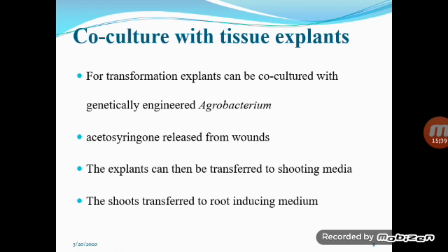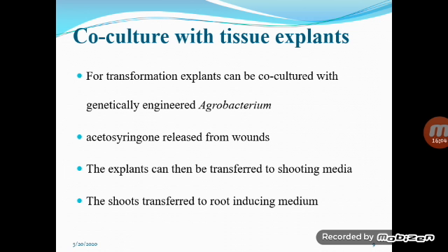For transformation, explants like protoplast, callus, tissue slices, leaf disc, stem or floral tissues can be co-cultured with genetically engineered Agrobacterium with recombinant vector for about 2 days.